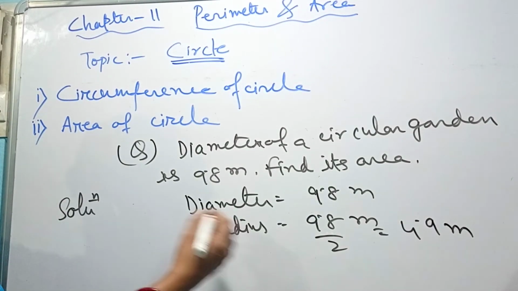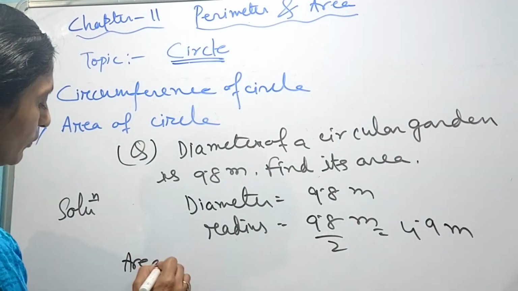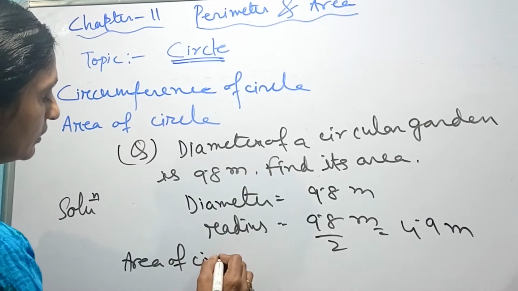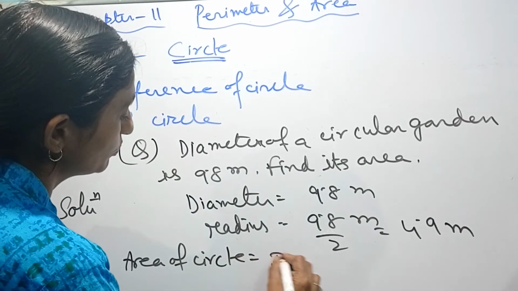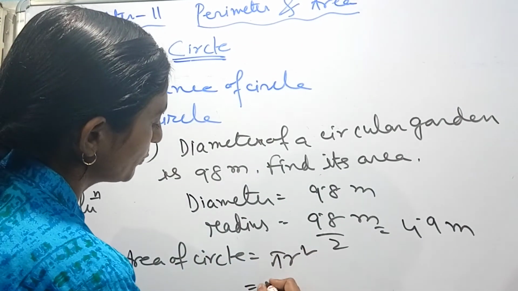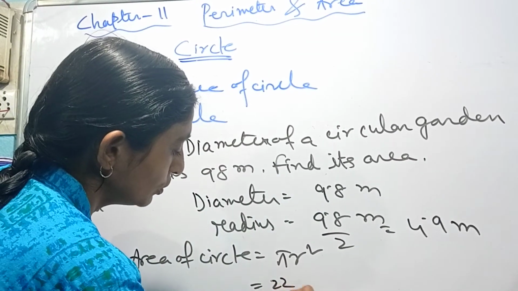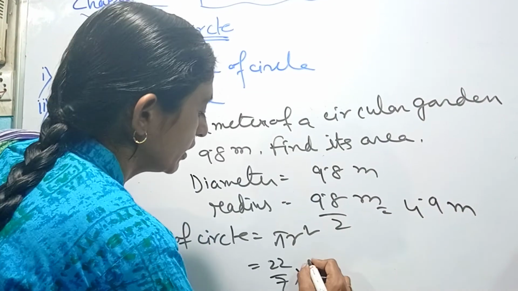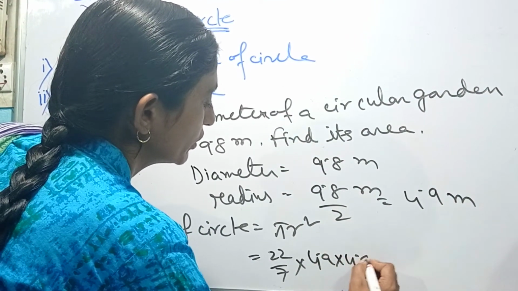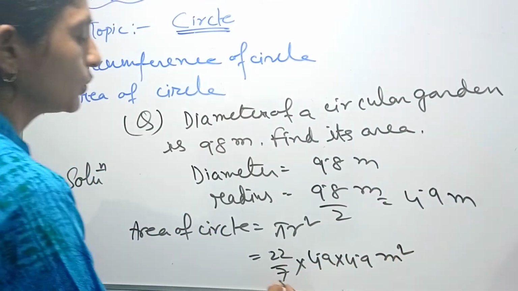Now let's put this in the formula. What is the formula of the area of a circle? It is pi r square. Here we consider pi equal to 22 by 7, and r square is 4.9 into 4.9 meter square. Let's cancel.